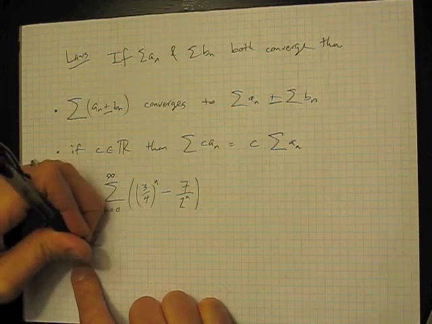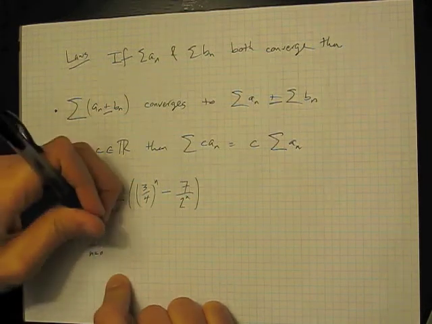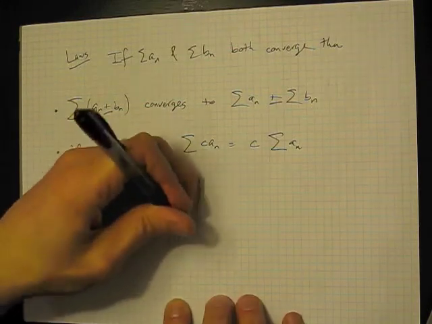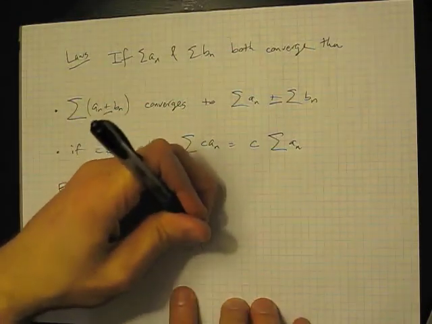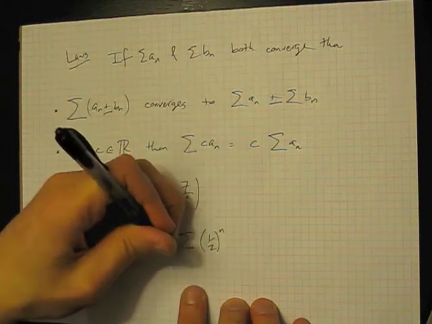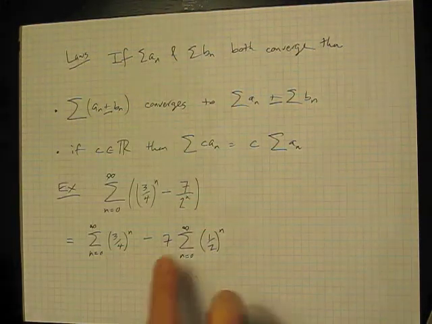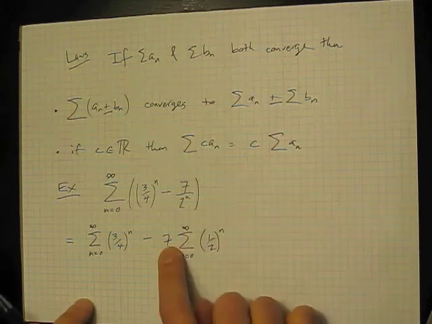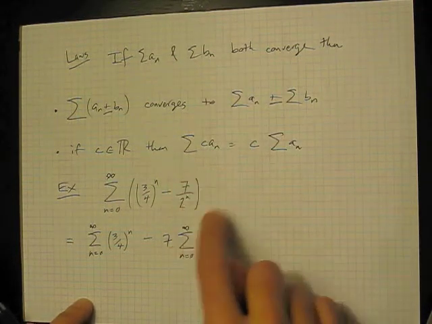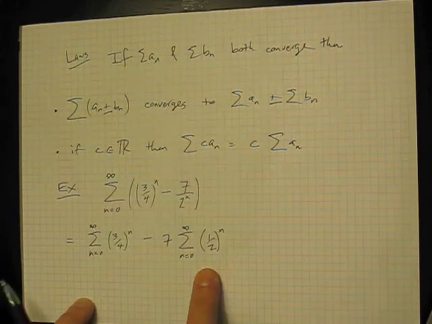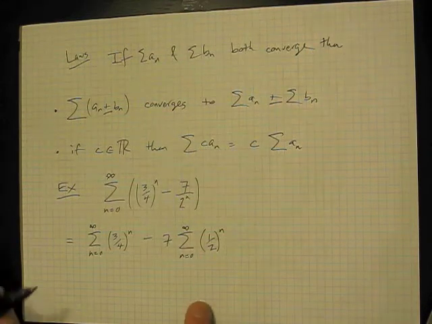So we can sum this by doing the following. We can split 3/4 to the n minus, and then I'm just going to bring that 7 out, 1 over 2 to the n, like this. And so we've used both of these laws. We took 7 over 2 to the n, that's using this constant pulling-out rule, and then we split this along a difference, and we can do that as well.